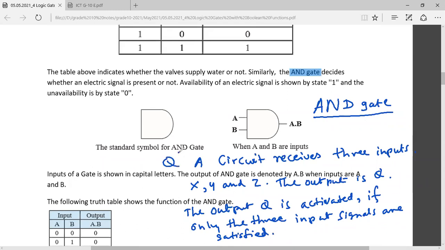My question is, a circuit receives 3 inputs X, Y, and Z. The output is Q. The output Q is activated if only the 3 input signals are satisfied.